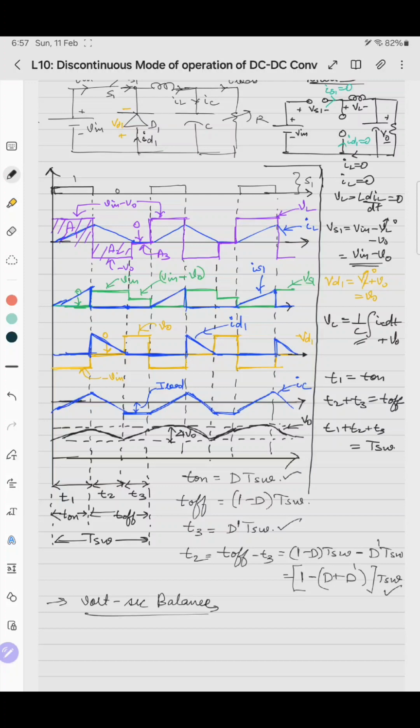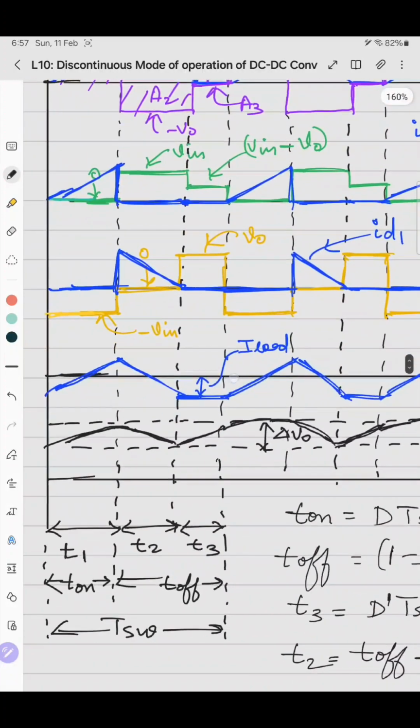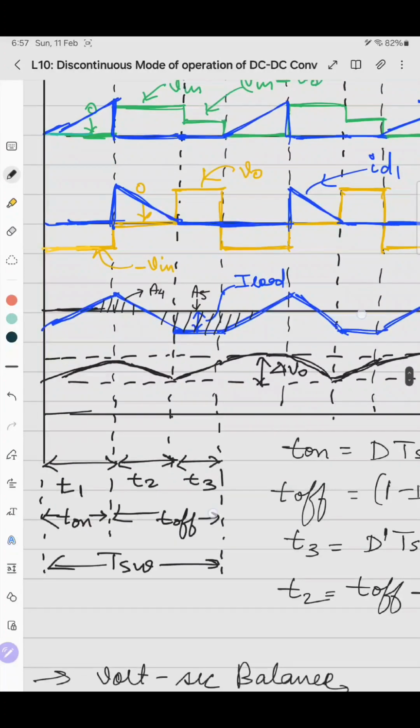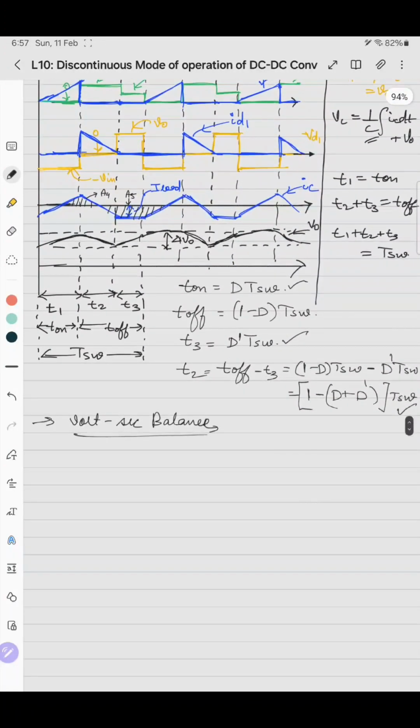So what we can write here is, this we can write as A4, and this whole thing we can write as A5, because the positive area equals the negative area. So A4 equals A5 we have to write.